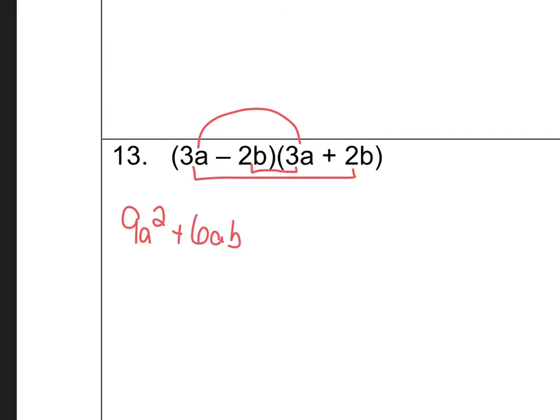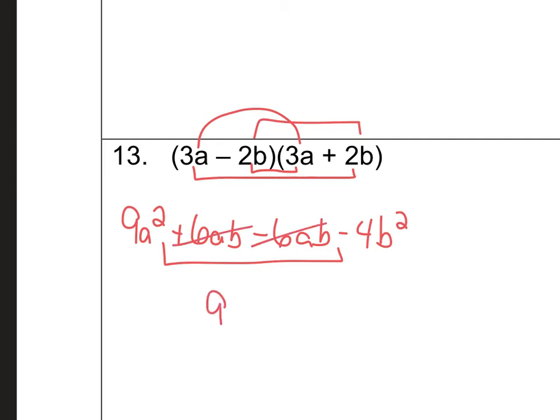Negative 2b times 3a, negative 6ab, or you can put ba, but it's easier if you put them in the right order. And then minus negative 4b squared. Same thing as last time. These can be combined. They're both ab's. So one's plus 6, one's minus 6. They cancel in this one. They leave us 9a squared minus 4b squared.